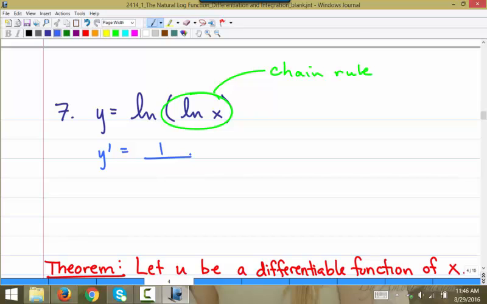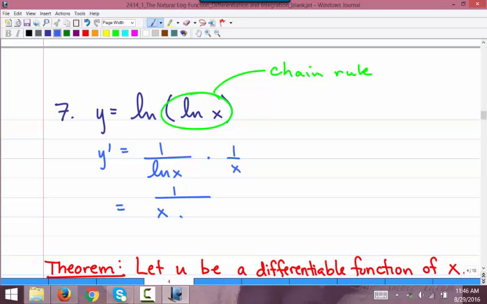What's my blah? ln x, times the derivative of blah. What's the derivative of ln x? 1 over x. So I'm going to rewrite it and write 1 over x ln x. Get the rule down: to take the derivative of natural log of blah, it's 1 over blah times the derivative of blah.